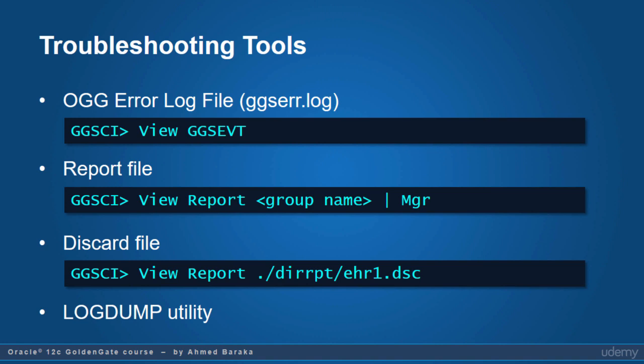A report file of a specific process group can be viewed using the VIEW REPORT command. The discard file contains the records rejected by an Oracle GoldenGate process group, if it is configured to do that. The logdump utility, as you know, is used to look into the contents of the trail files.